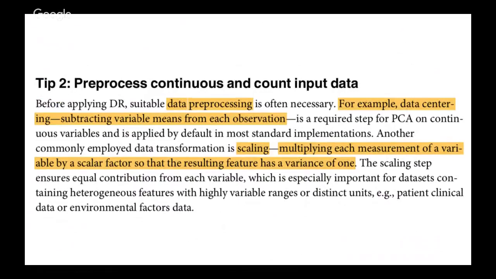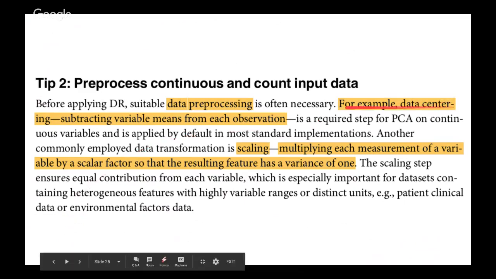So tip number 2, pre-process continuous and count input data. This is something that a lot of people will be familiar with, which is to do a little bit of data munging at the beginning, where you get your table or vector of raw counts or raw measurements to make them more amenable for the statistical analysis further down.